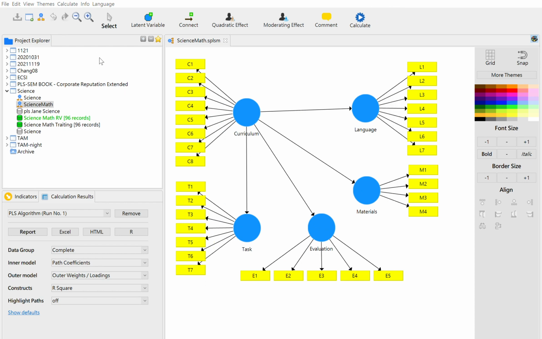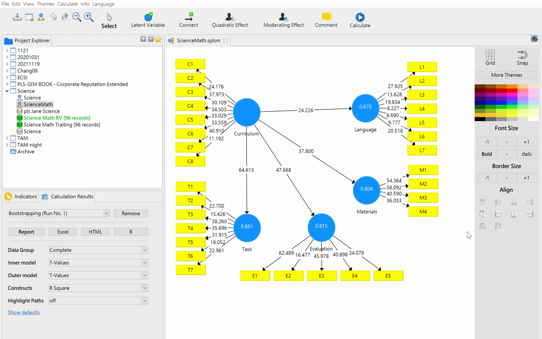I'm going to set the subsamples to 1000, with complete bootstrapping, and start my calculation. It's going to take a little bit longer. Okay, and that's done.